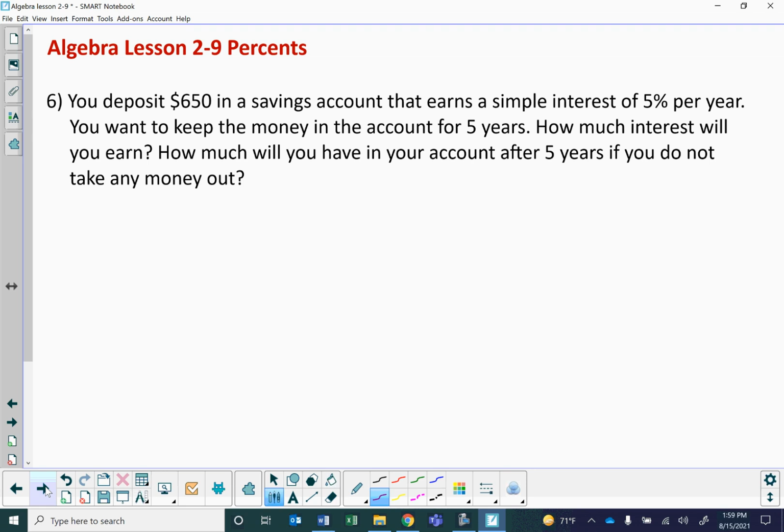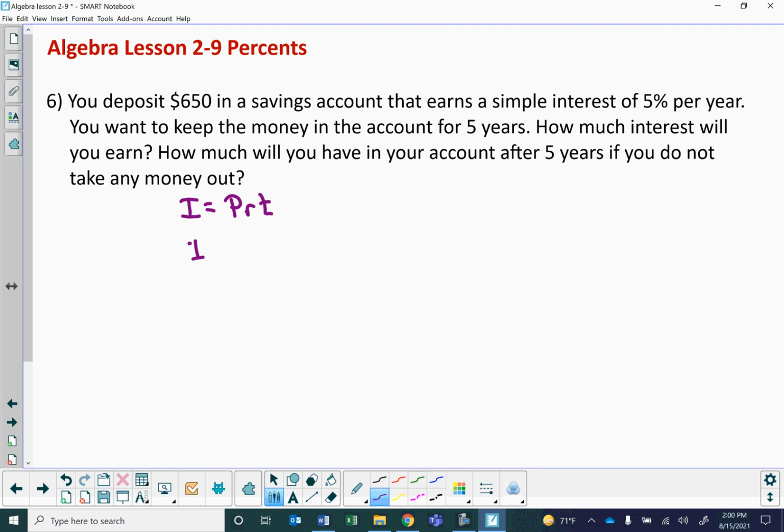All right, let's do a simple interest problem. You deposit $650 in a savings account that earns a simple interest rate of 5% per year. You want to keep the money in the account for 5 years. How much interest will you earn, and how much will you have in your account after 5 years if you do not take any of your money out? All right, so interest equals principal times rate times time.